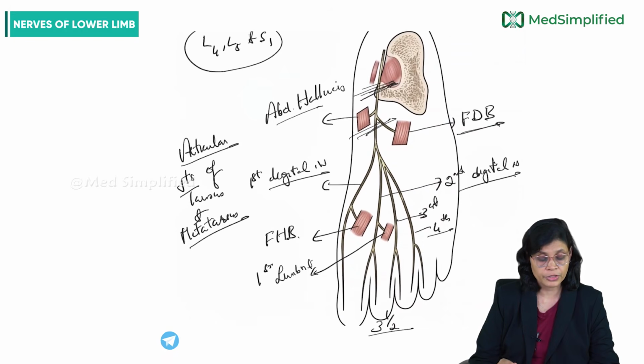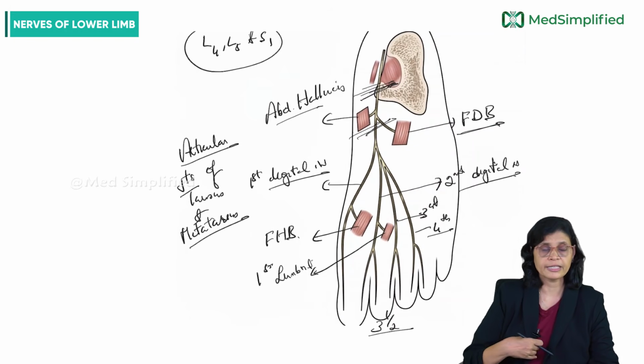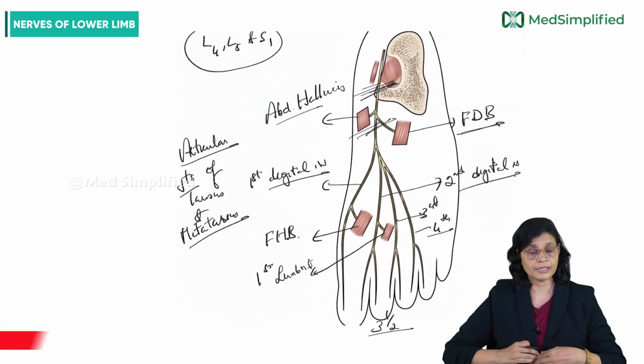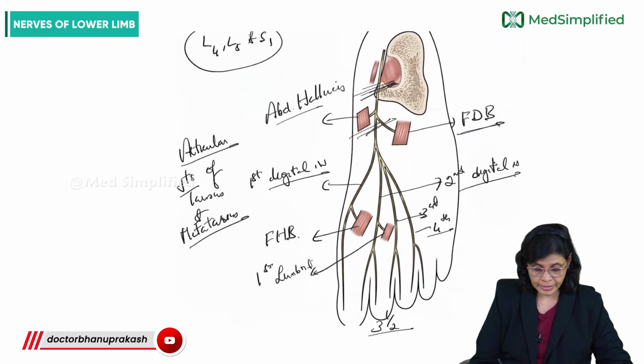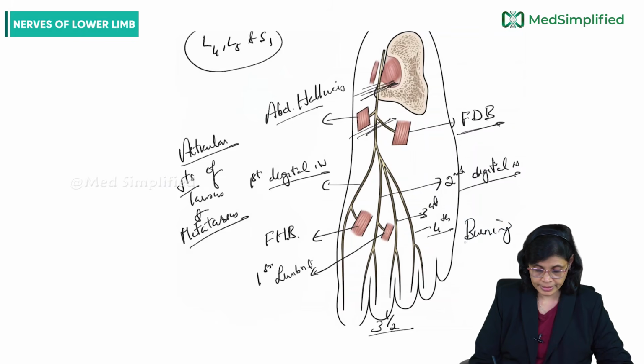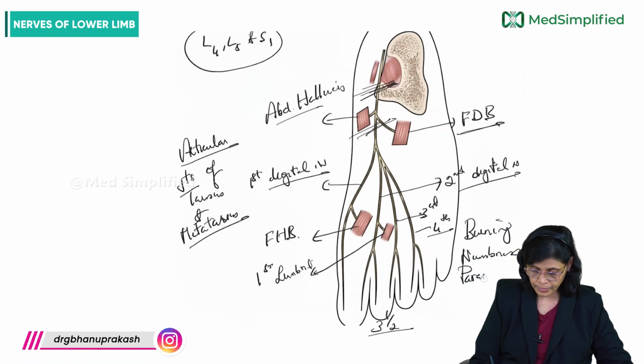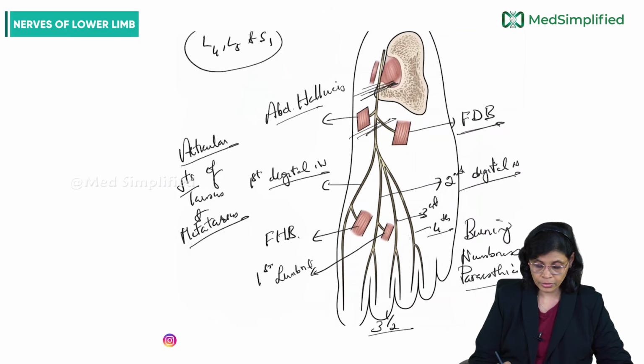This happens especially in running and gymnastics. Since it is an entrapment syndrome, it presents with burning sensation, numbness, paresthesia or tingling on the medial side of the sole and along the digits.